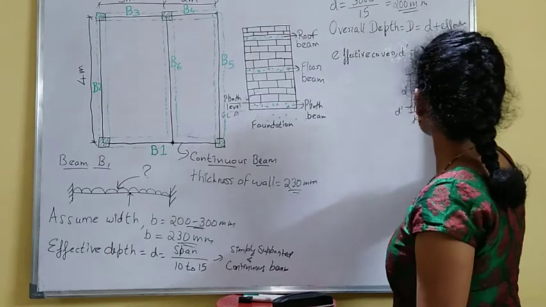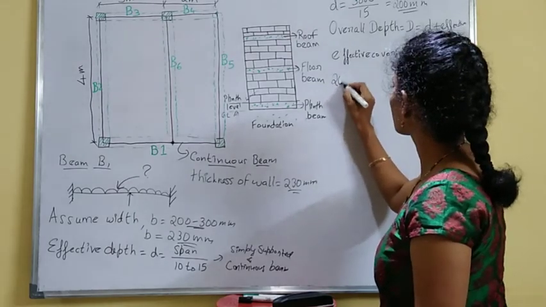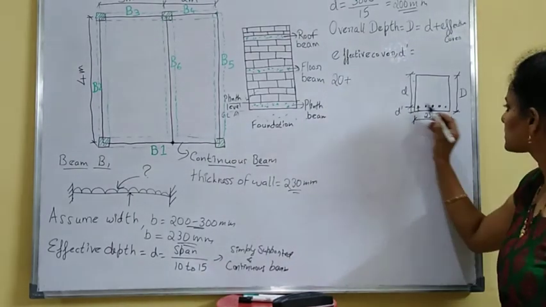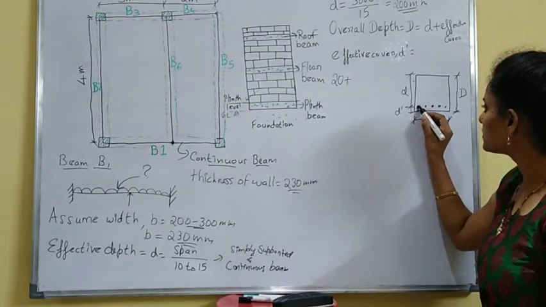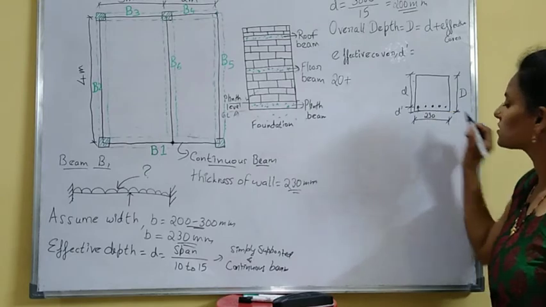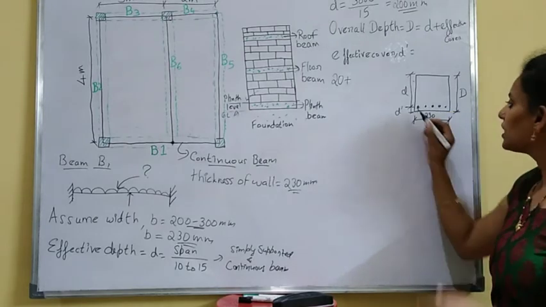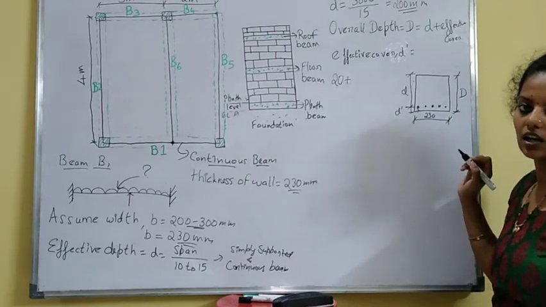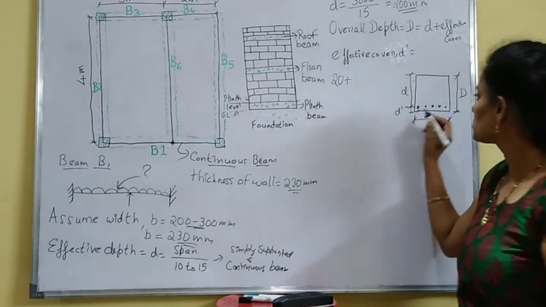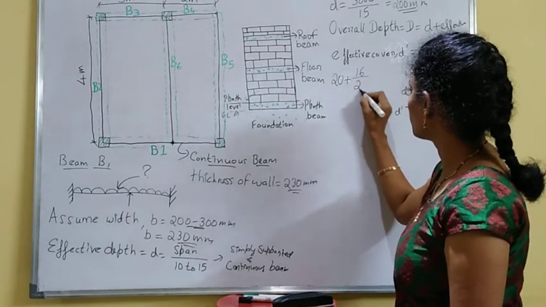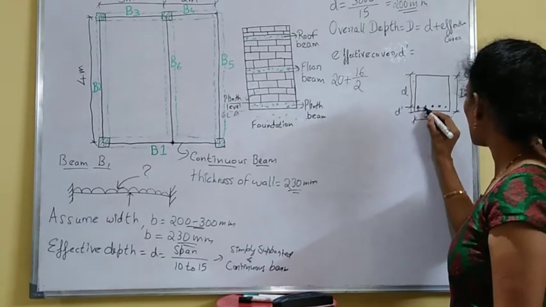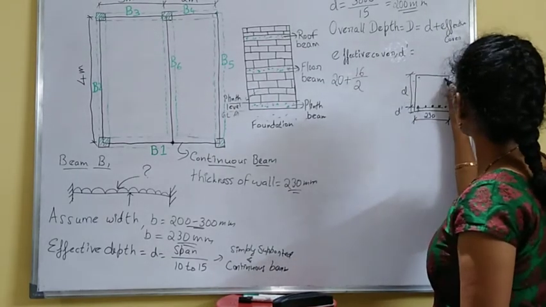Suppose the nominal cover is 20, then plus half of the bar size. Suppose the bar size is 16 mm, it is half of 16 mm. So I will assume 16, so 16 by 2, and here we will have the shear stirrup.